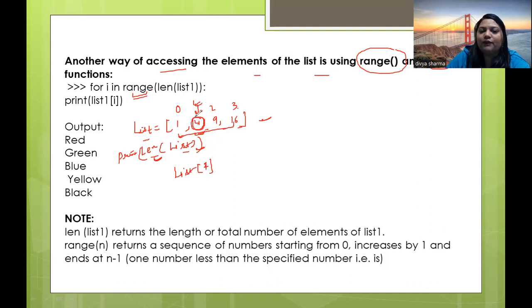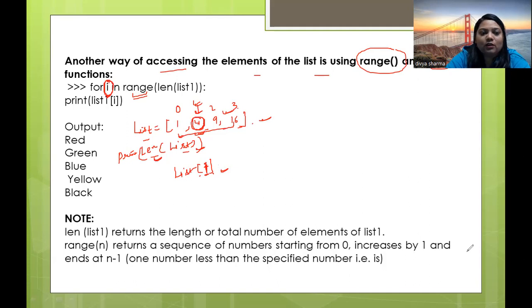If I want to access the element 4, that is placed at index value 1, I can write list of i. So here, in place of 1, i is used. i is a temporary integer variable which is going to take the index value of all the elements which are present in the list. Hope this is all clear to you.